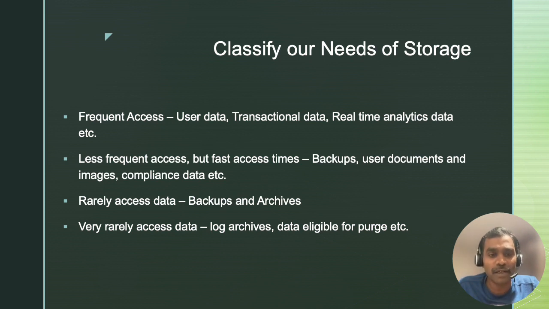These data we store in place, we don't even access them, unless there is an audit or a need from the organization. So once we classify the data, it will be easy to understand the market strategy, the vendors, and what they are offering.